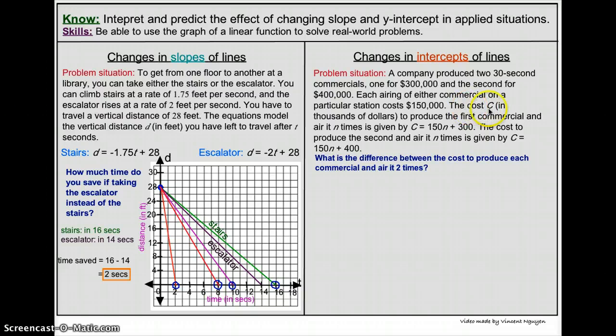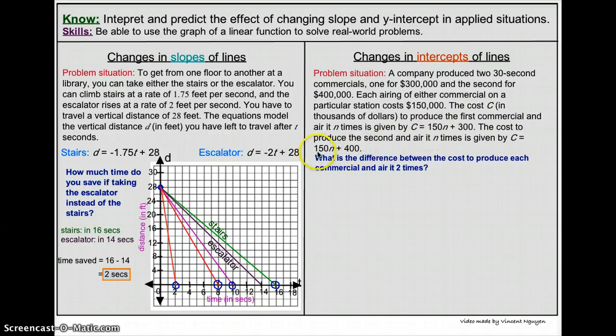The cost C in thousands of dollars to produce the first commercial and air it n times is given by the equation C equals 150n plus 300. The cost to produce the second and air it n times is given by the equation C equals 150n plus 400. So we can see these two equations are almost the same.